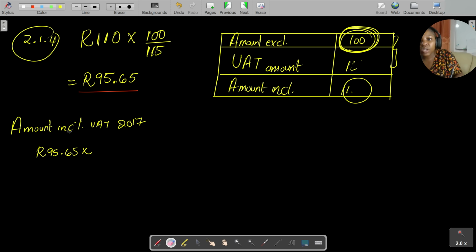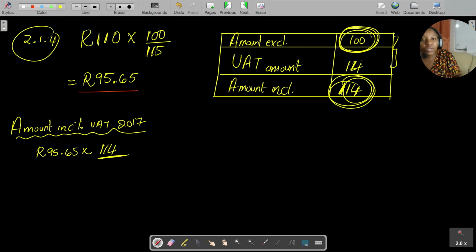So remember, here we want the amount including VAT for 2017. So we multiply by 114, divided by what we have, the amount excluding, which is 100, and then what do we get?